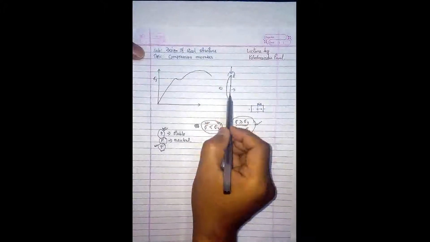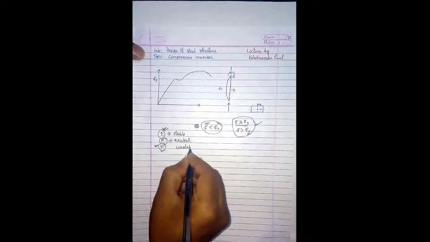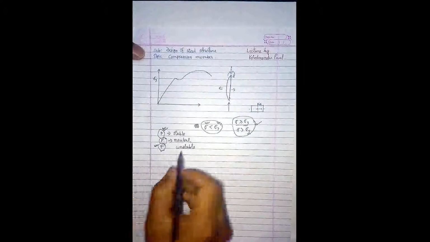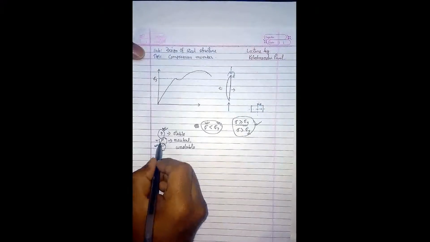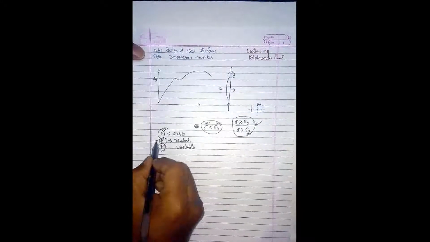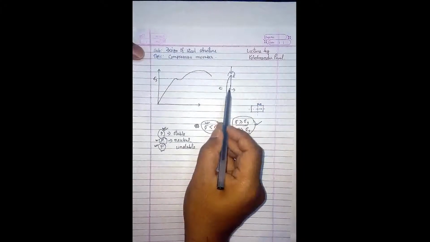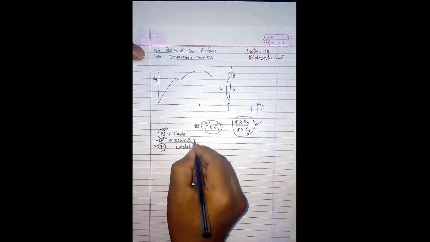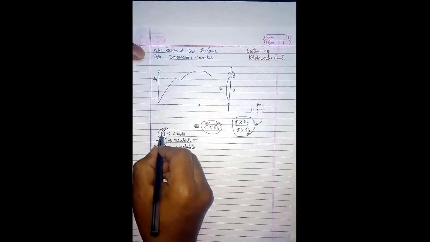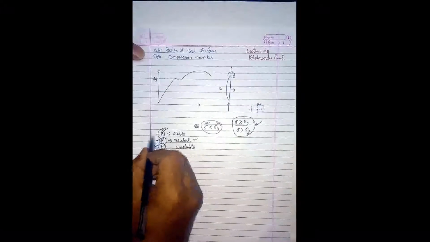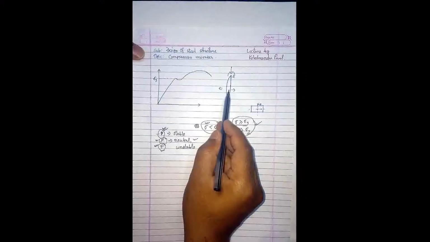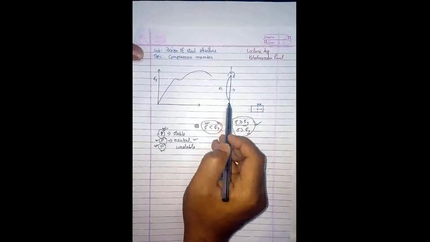In unstable equilibrium, there is no sign of regaining when we reduce the load. In neutral, it will neither regain nor displace more. In stable, if we reduce the load, it will try to regain its equilibrium position.